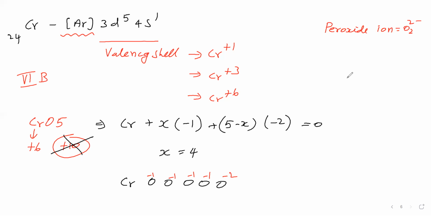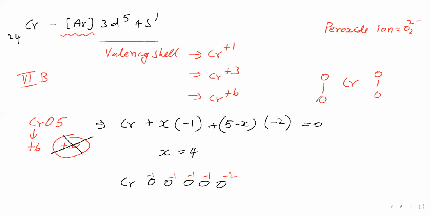So we'll see the structure. Chromium contains 2 peroxide ions, we said. The peroxide ion structure we have drawn already: O single bond O, each oxygen carrying -1 oxidation number. So here 2 peroxides are there.